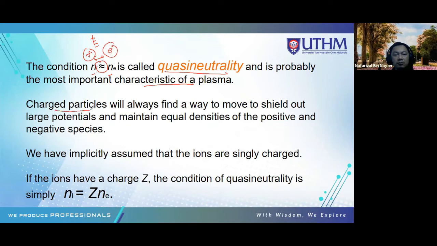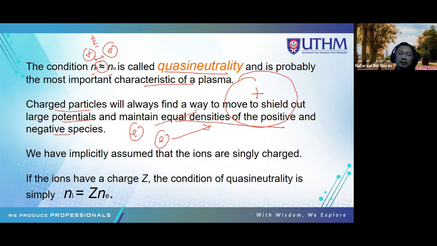The charged particles will always find a way to move to shield out the large potential and maintain the equal density of the positive and the negative species. So if you have a very big positively charged particle inside, what will the small electrons do? They will try to move to the big positive particle.